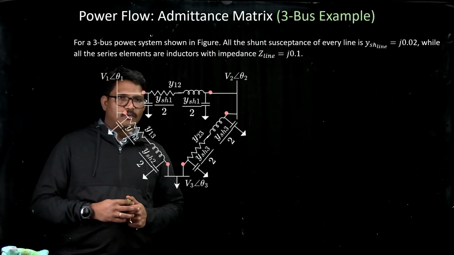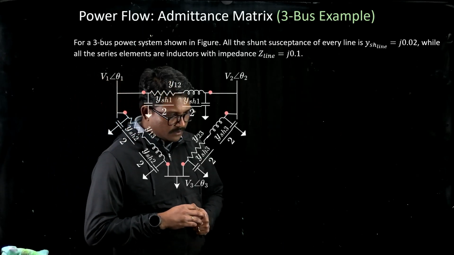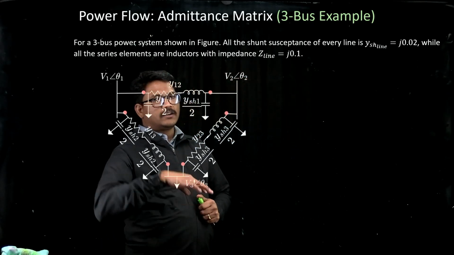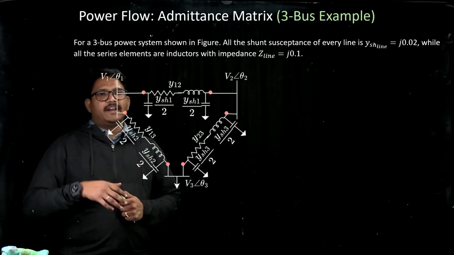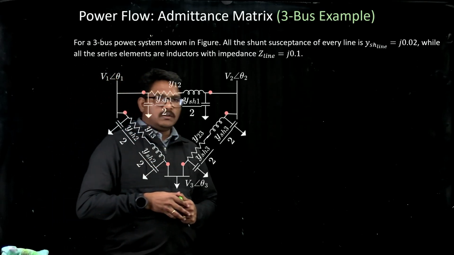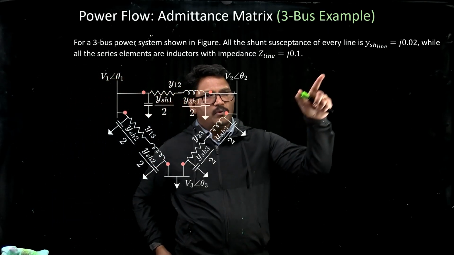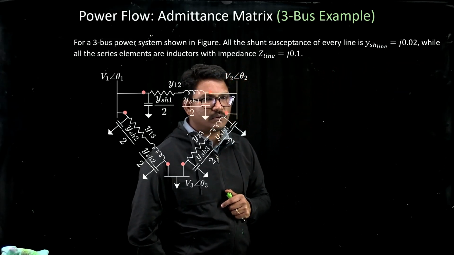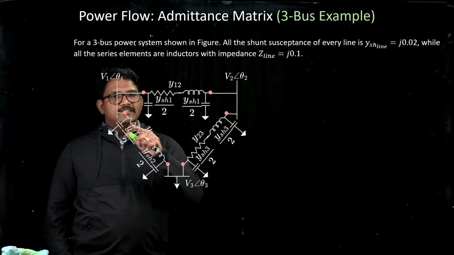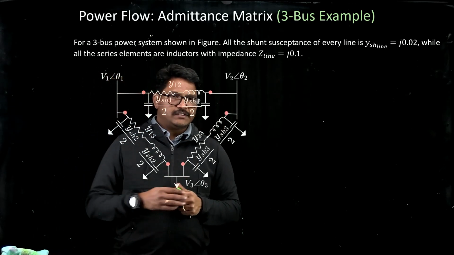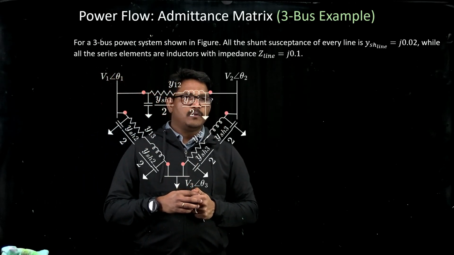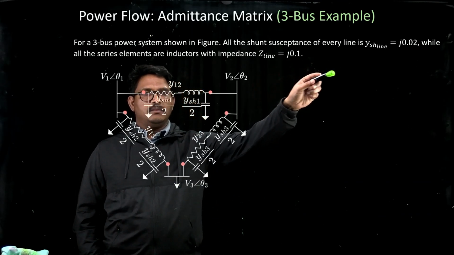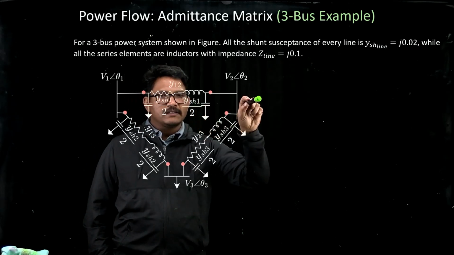If you want to solve an example problem on the formation of the admittance bus matrix, let us consider the same 3-bus network, where you are given the susceptance of each line as j0.02, while the series impedance is given as j0.1. So the shunt susceptance is available, but the series impedance is given.